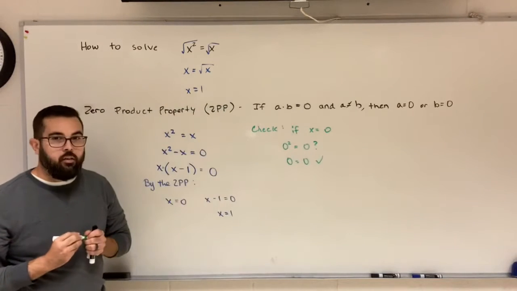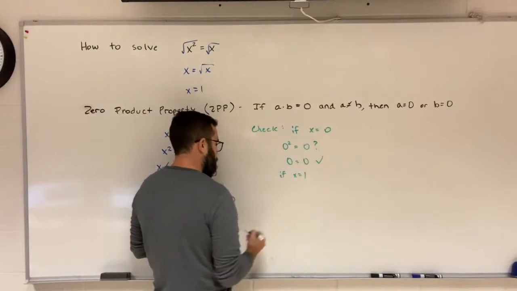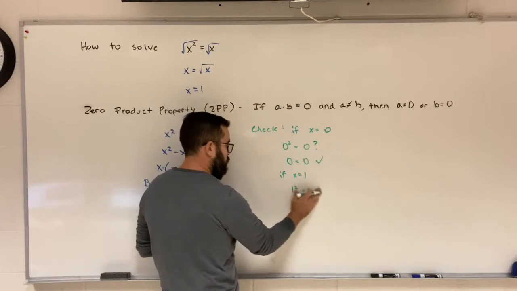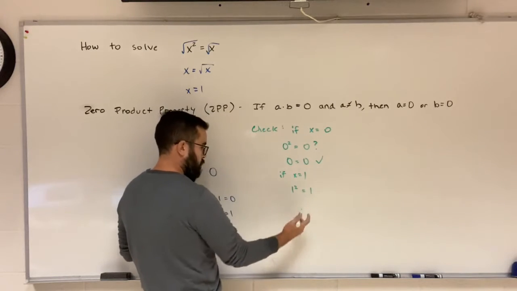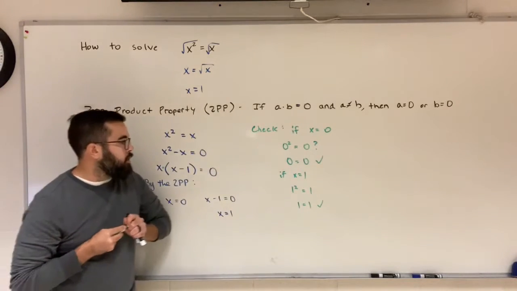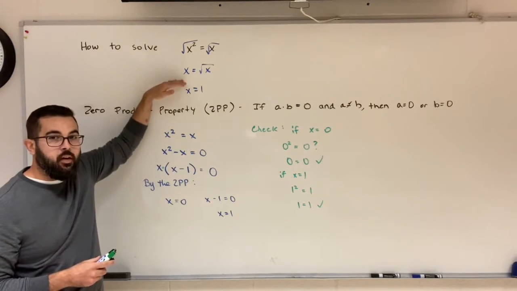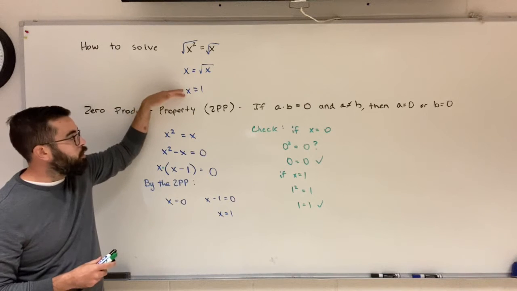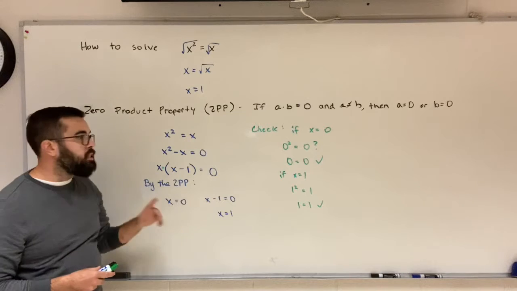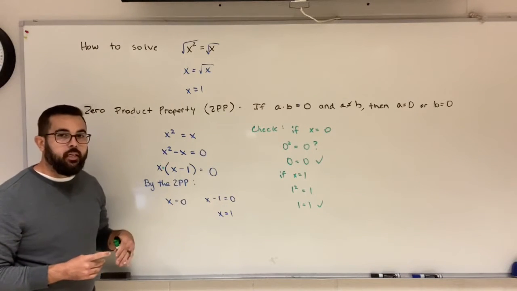So that checks out. If x is equal to 1, then we have 1 squared equals 1, which checks out again. So we see that if we use the approach up here, which I've seen students use year after year, and they get this answer of x equals 1, they miss that answer of x equals 0. So today we're going to be talking about how to use factoring as a method of solving quadratics.